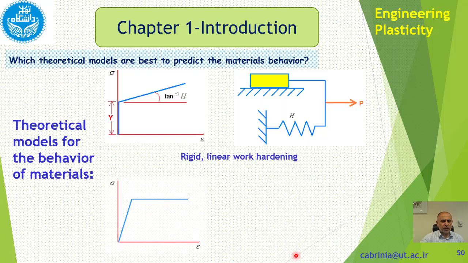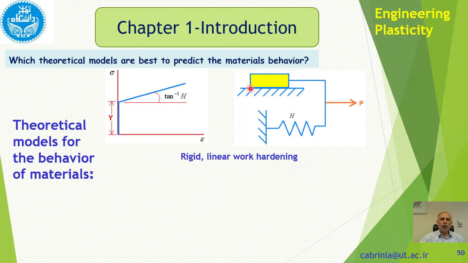It's linear work hardening, because as you apply the load, you get a certain amount of strain, but if you want more strain, you have to increase the load. So this gradient, arctangent h, where h is the hardening, means that you have a work hardening model.